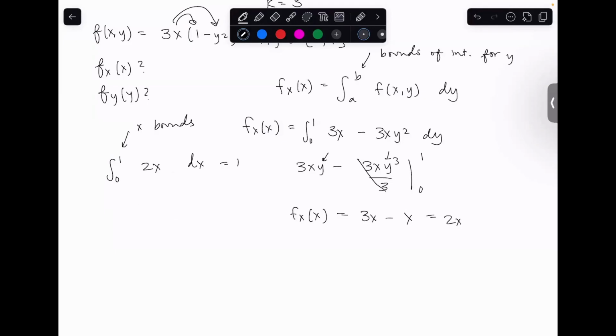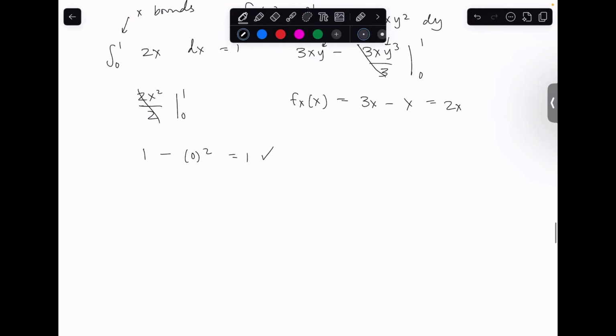Copied it down before I simplified it. So that's just going to be 2x squared all over 2, evaluated from 0 to 1. Okay. These cancel anyways, and I just get 1 minus 0 squared, which is just equal to 1. So awesome. That's a valid PDF. We just proved that. You might get a question that asks you that.